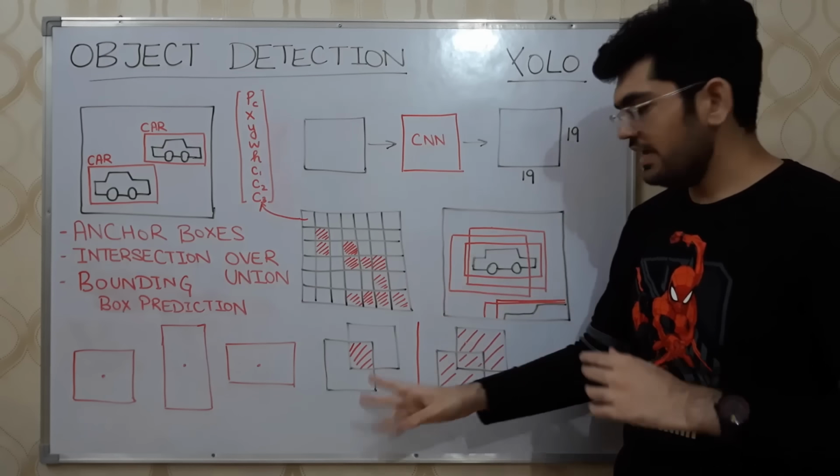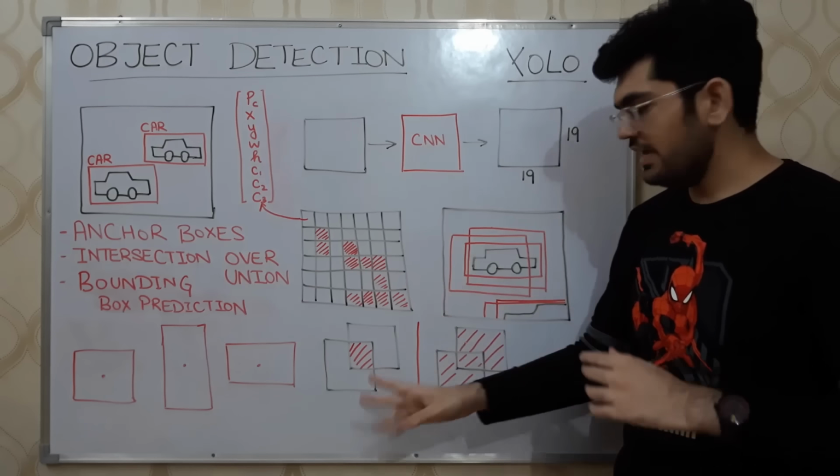So what this means, if we consider again that the inside bounding box has the highest probability and we calculate the IOU score for the other four bounding boxes with respect to this maximum probability bounding box, we can see that these two bounding boxes are going to have a very high IOU value.